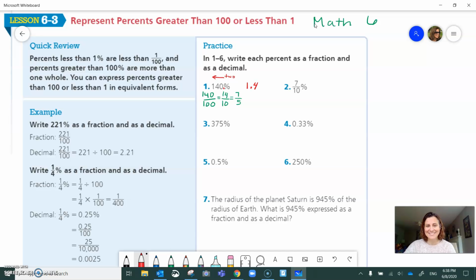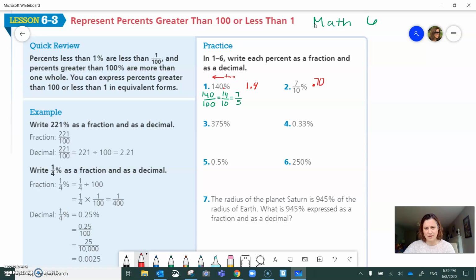In the next one, 7/10 of a percent. Well, let's see. 7/10 is like 7 dimes, and 7 dimes would be 70 cents, right?